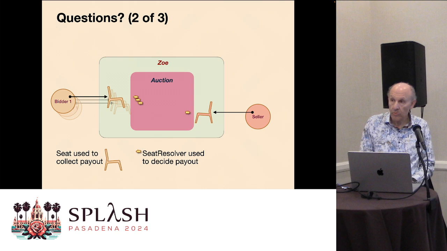But really, in this case, because the auctioneer is running on top of Zoe, which is running on the same platform, that second point is actually not relevant to the distinction between the trust in Zoe versus the trust in the contract.